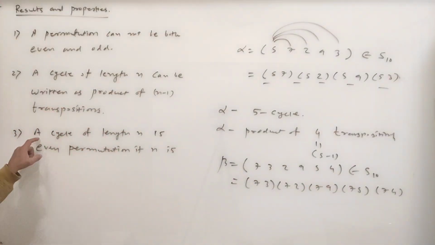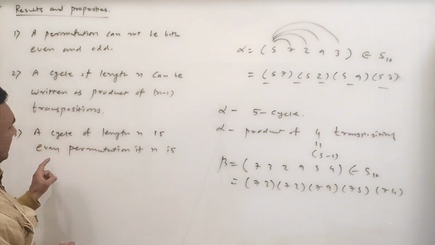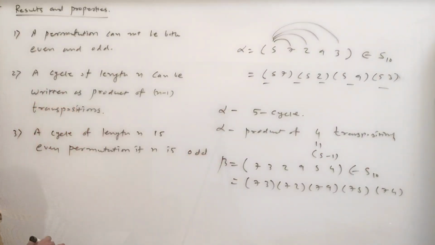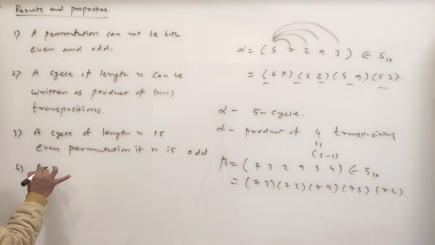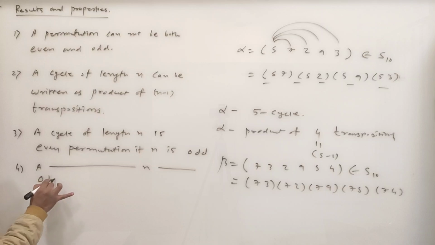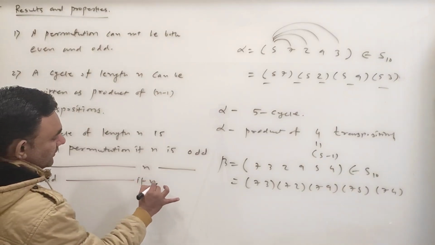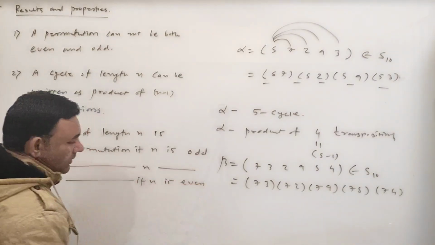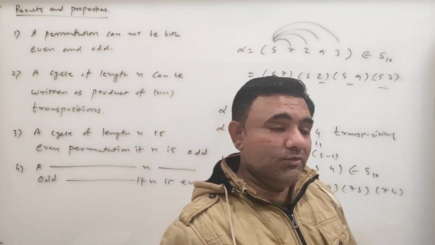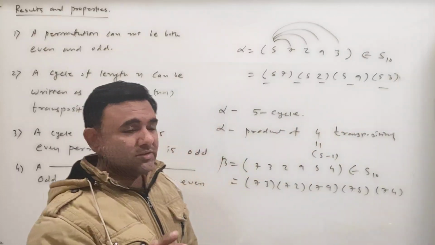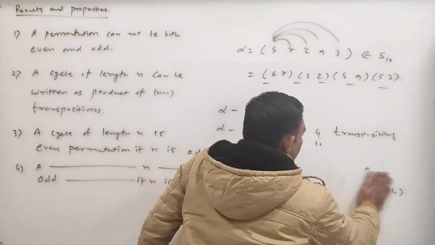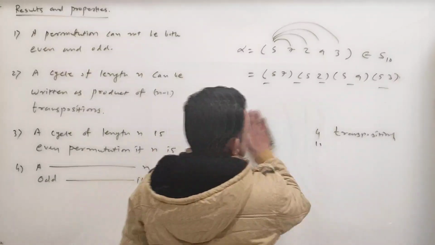So opposite. And the fourth one, a cycle of length n is an odd permutation if n is even. मतलब इवन लेंथ का साइकिल ऑड परम्यूटेशन है और ऑड लेंथ का साइकिल इवन परम्यूटेशन है. This is a very simple observation but it will be quite helpful when we do calculations in Sn.